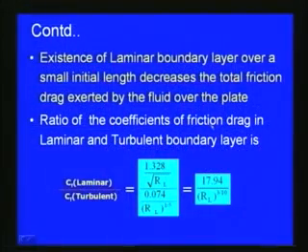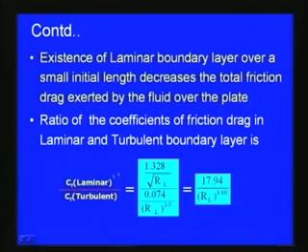Now, consider the ratio of the coefficients of friction drag in laminar and turbulent boundary layer. We have already seen the coefficient of friction drag for the laminar boundary layer, and also for the turbulent boundary layer. Now, if you consider the ratio, we can write Cf laminar divided by Cf turbulent is equal to 1.328 divided by square root of RL, where RL is the Reynolds number.